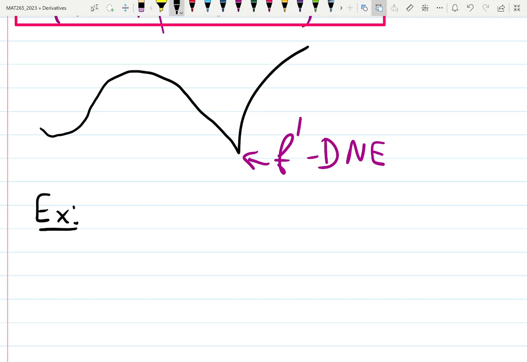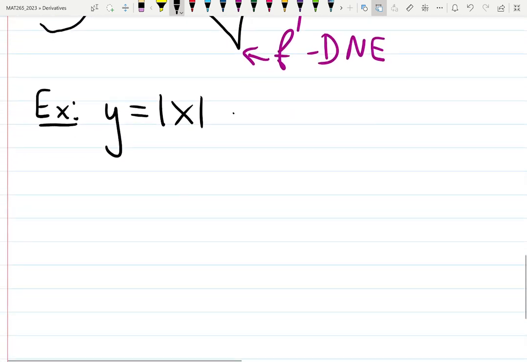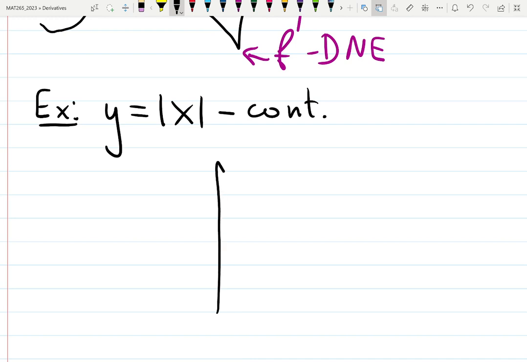Example of a continuous function but not differentiable at some specific point is y equals absolute value of x. It's continuous. Actually, you might not believe me, it's continuous. So maybe you can check using limits if it's continuous. Do you remember how to check if the function is continuous at the point?